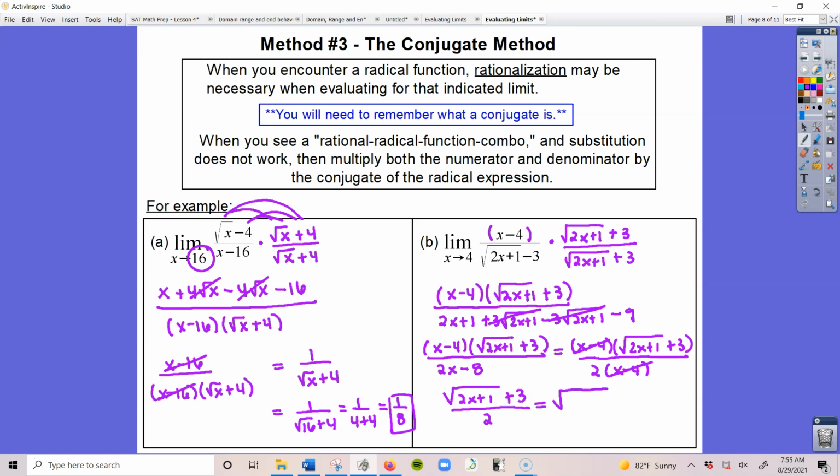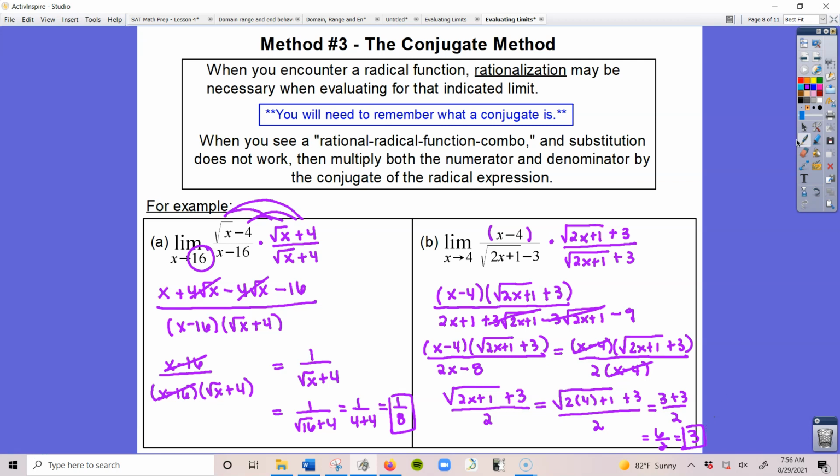So we have the square root of 2 times 4 plus 1 plus 3 all over 2. This is 8 plus 1, which is 9. The square root of 9 is 3, plus 3 over 2, which leaves me with 6 over 2, and 6 divided by 2 gives me a final answer of 3.